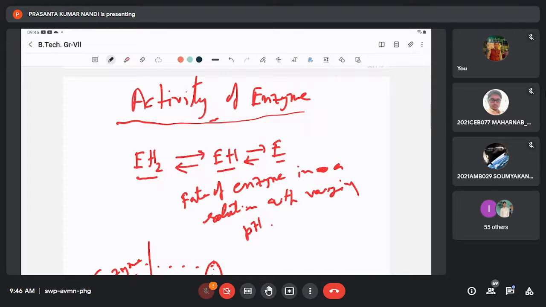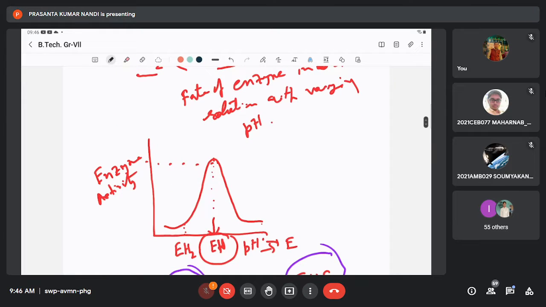Now the question is, in which form, whether it is in bare form E, or singly protonated form EH, or doubly protonated form EH2, will it be more efficient? To understand that, we may plot like this.